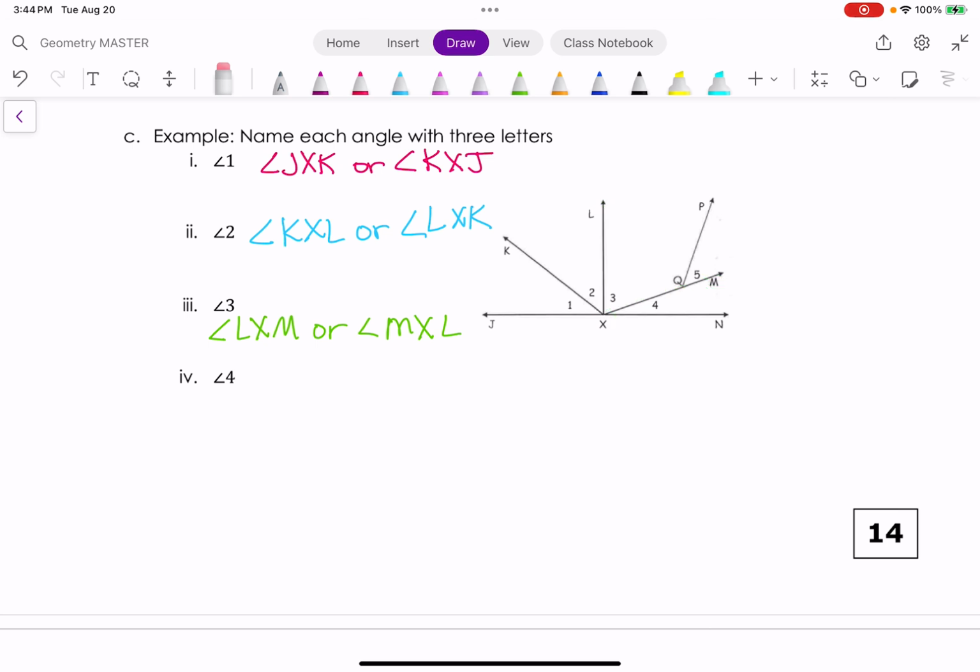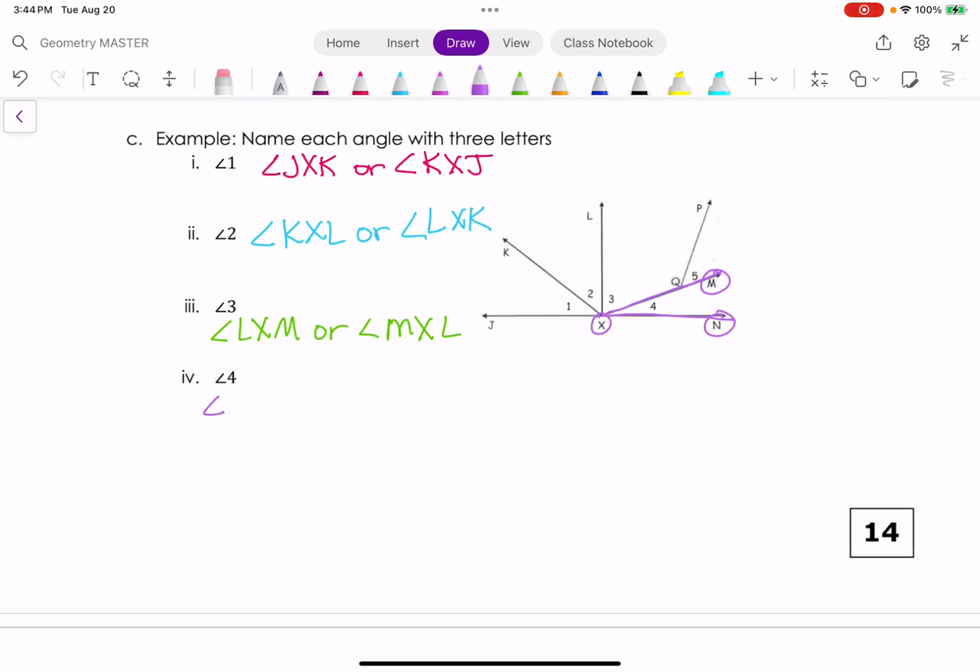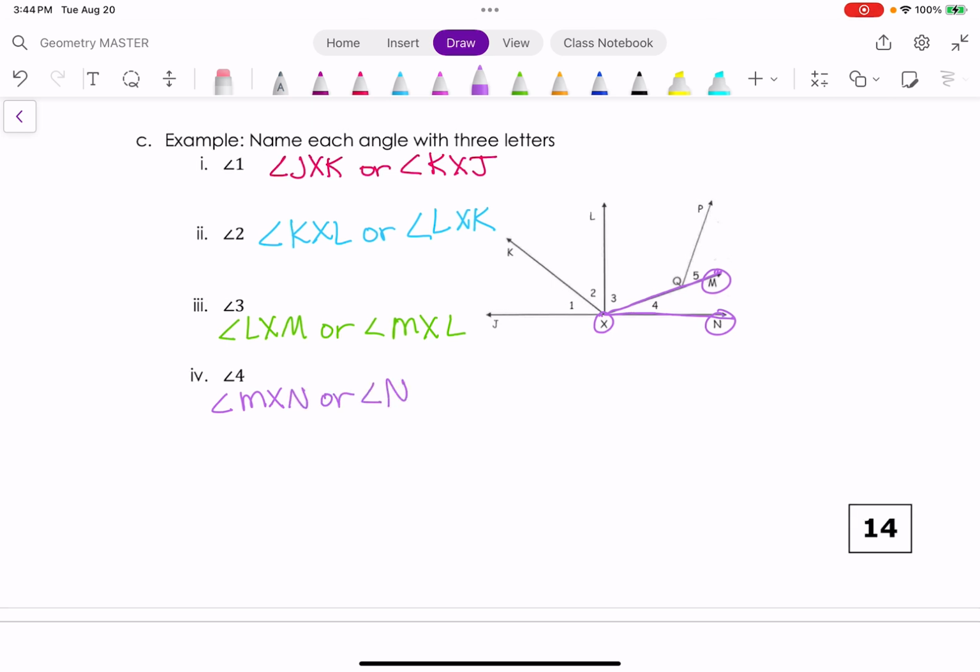Now, for angle 4, which is right here, it also could end at Q, but I like using the M because it's right there on the end and follows our conventions. So angle 4 is going to be angle MXN, or angle NXM. That was kind of hard to say, not going to lie.